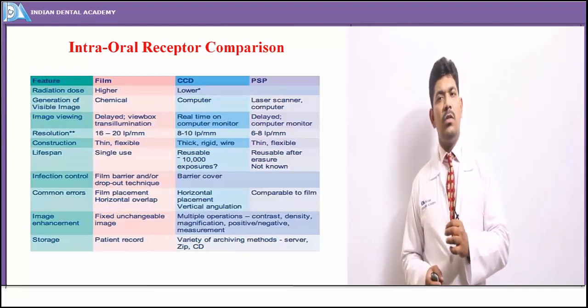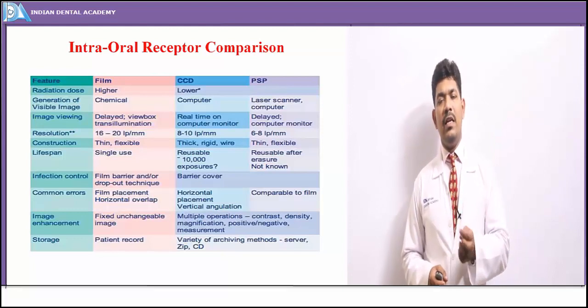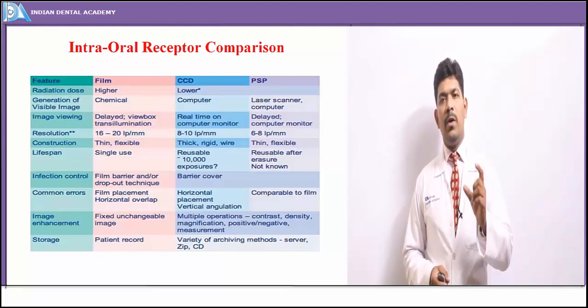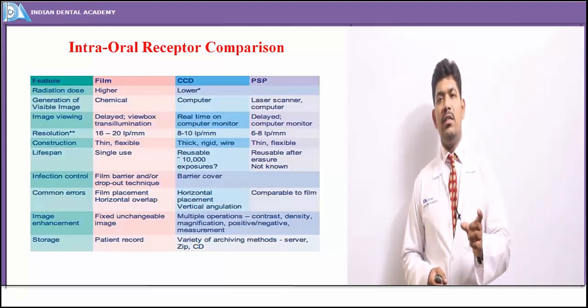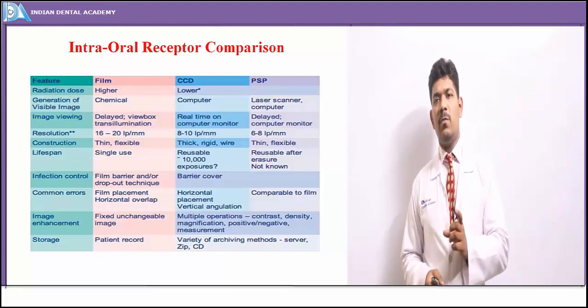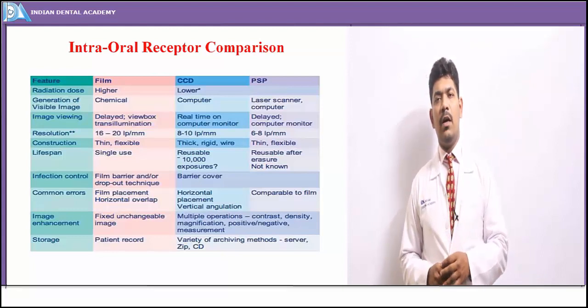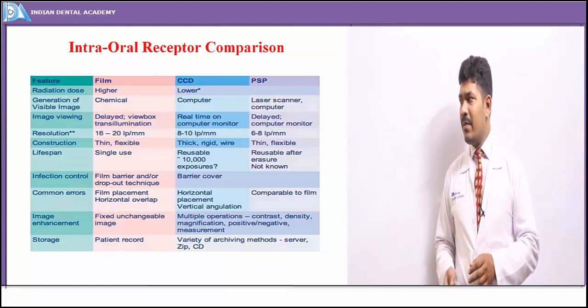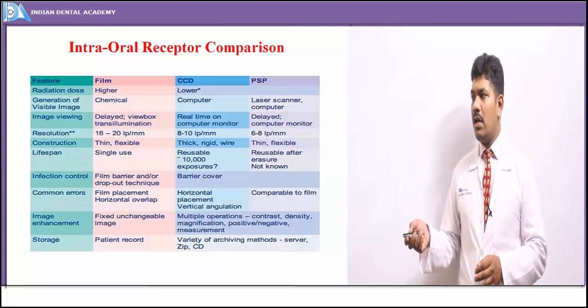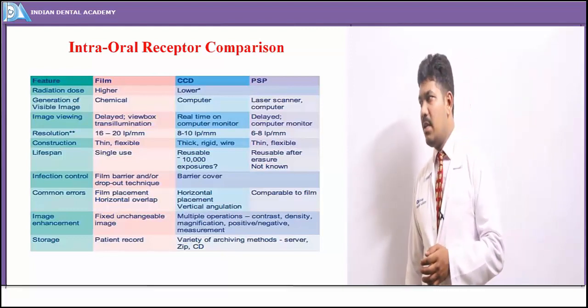That is one of the most primary advantages of using digital imaging, wherein the radiation dose per film for a patient is reduced by 80 to 90%, which is much more beneficial to the patient and the physician both alike. So there is a lower amount of radiation dose using digital imaging.